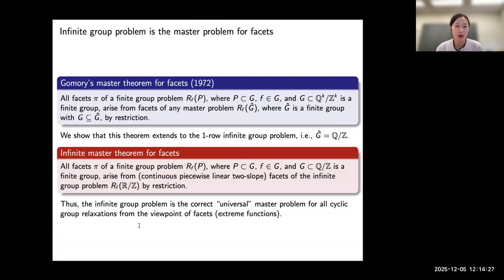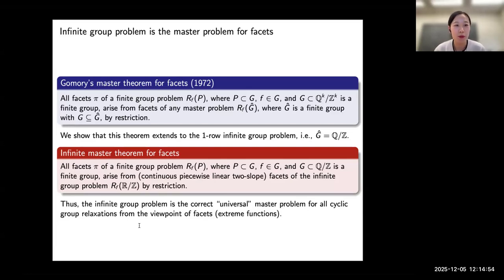Well, it is known that if we have a finite group problem and look at the facets, the extreme functions for the finite group problem, now we refine it to a finer grid, then the coarser grid function arises from the finer grid.